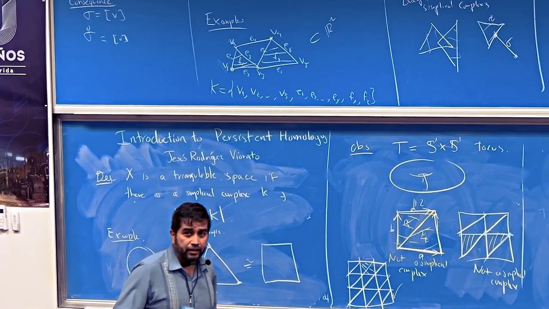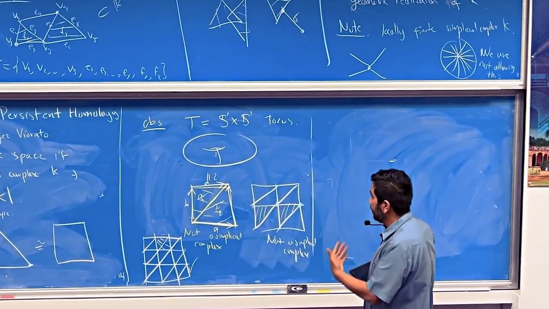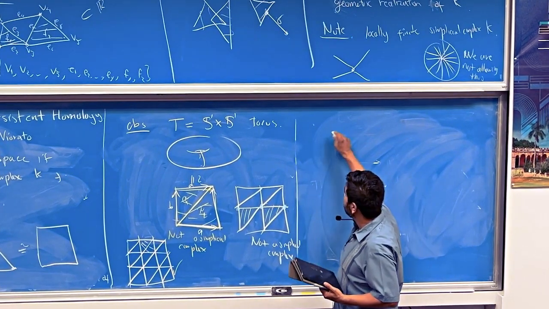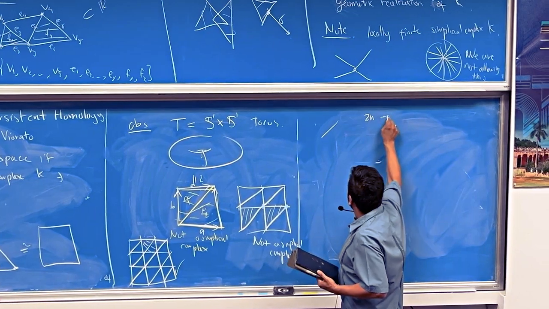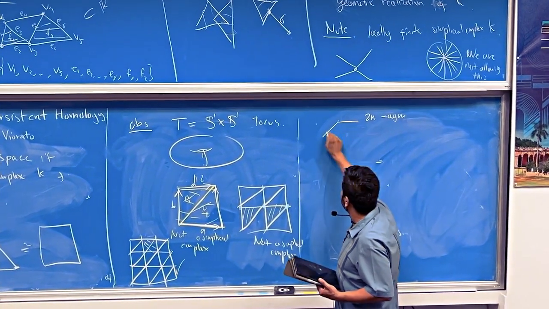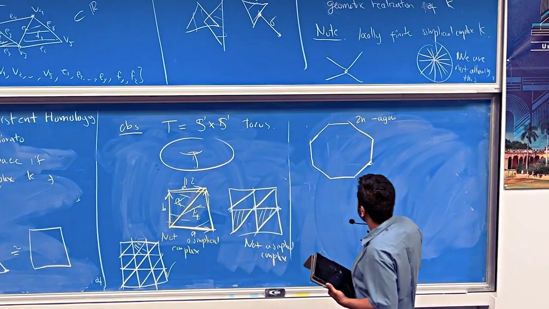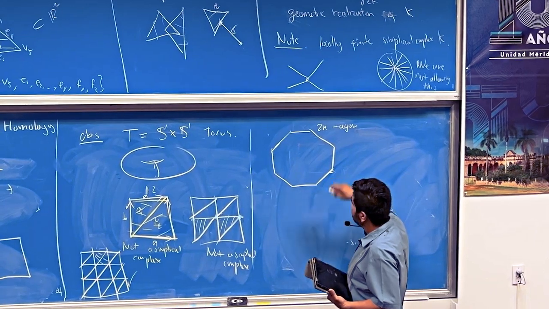This kind of triangulation? Yes, it's always possible. You can always start with every orientable surface, for example. It can be seen as a 2n-gon, a polygon of 2n sides. This is an octagon, right?